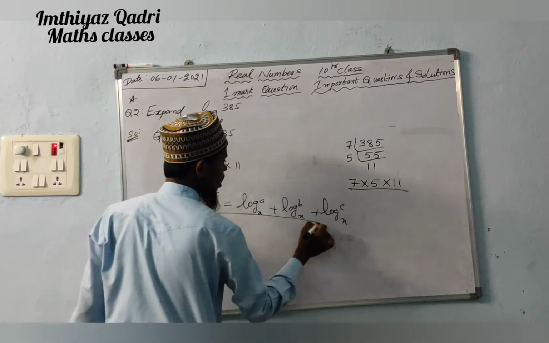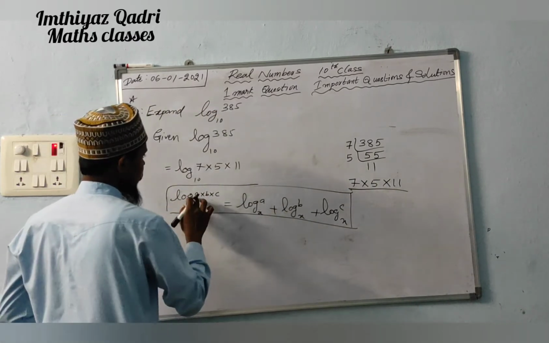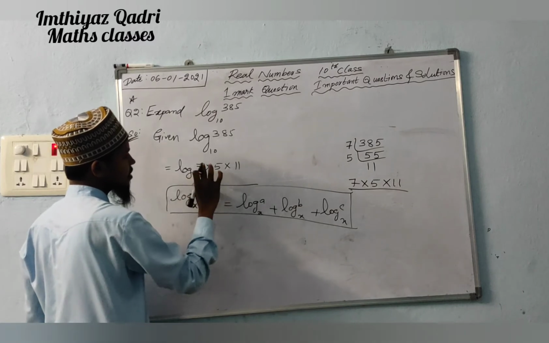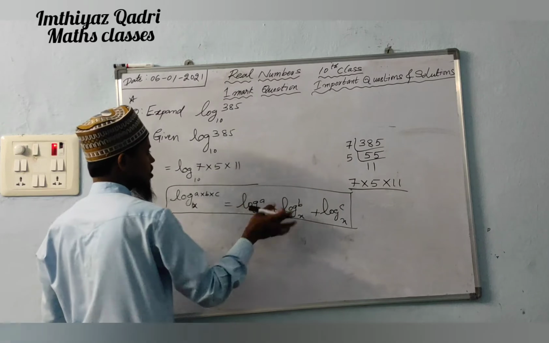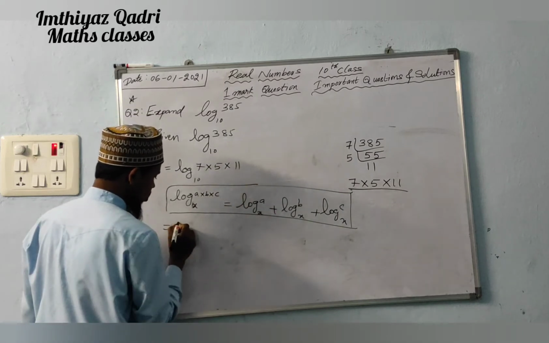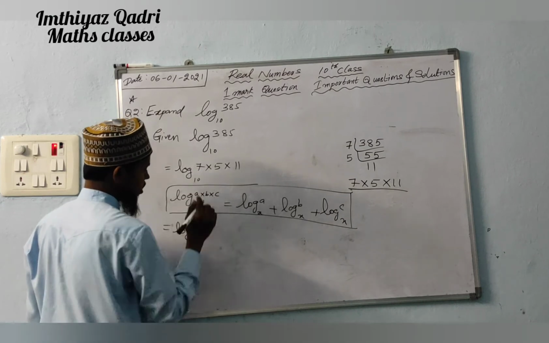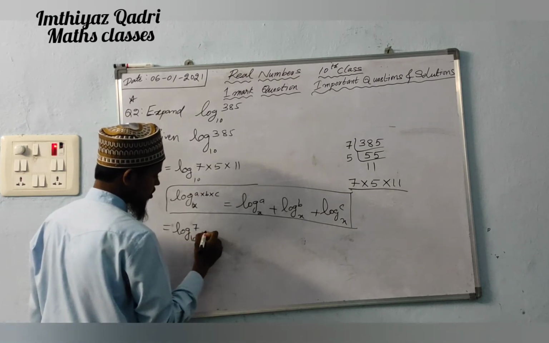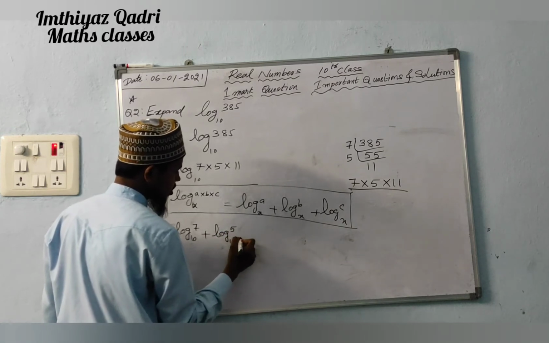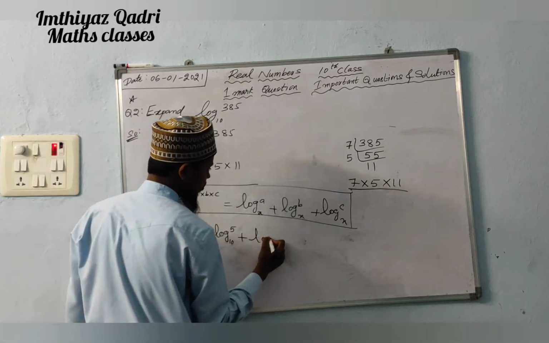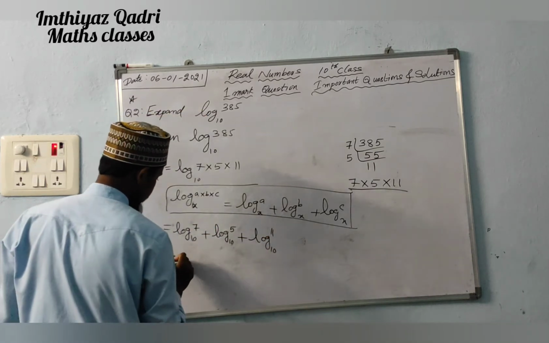Okay, this is the formula. Now in place of a 7, in place of b 5, in place of c 11. Expand this formula: log of 7 base 10 plus log of 5 base 10 plus log of 11 base 10. This is the answer.